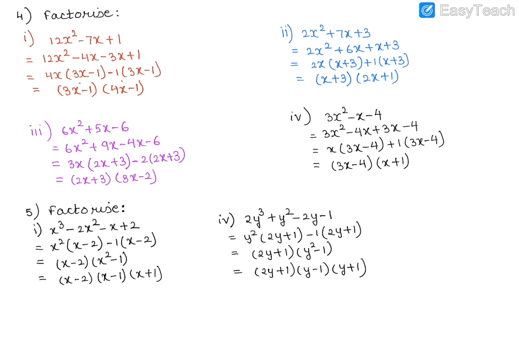Then factorize. This is splitting up of the middle term, and for that we look out for 12 and 1. You multiply this 12 into 1, so we are going to get a 12.